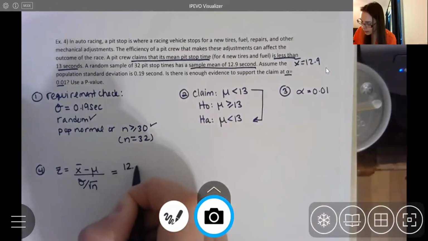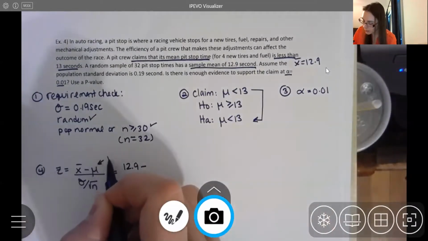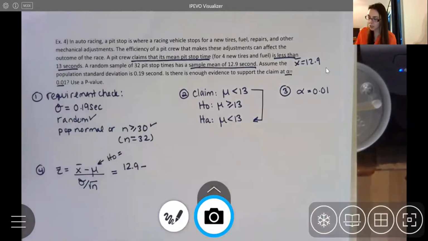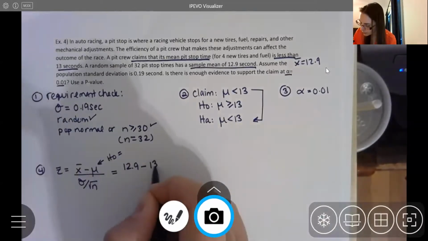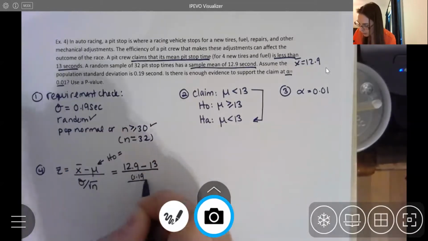So I'm going to do 12.9 minus the mean. Now the mean is this one right here, from the null hypothesis. You're going to use the equality version, so just the 13. My sigma is 0.19 and my sample size is 32.